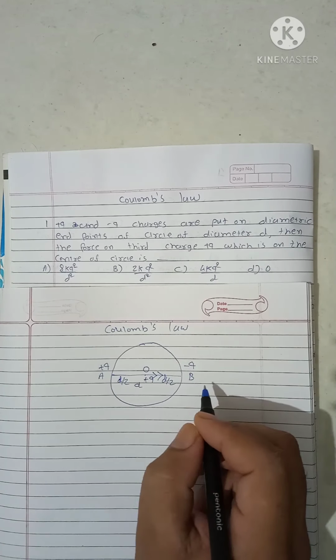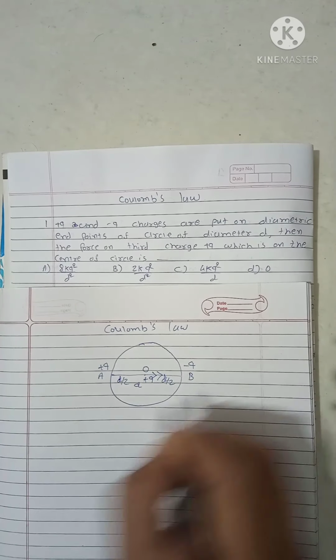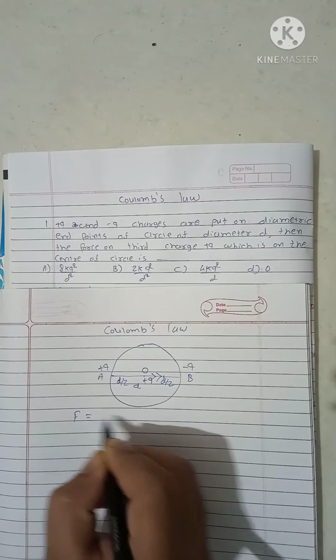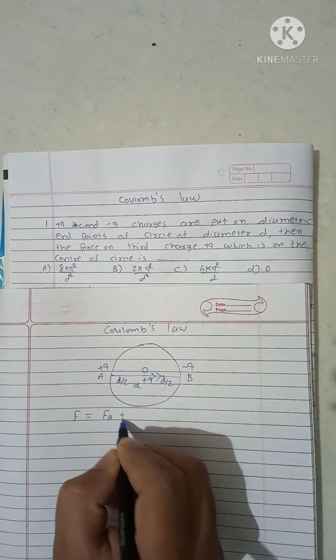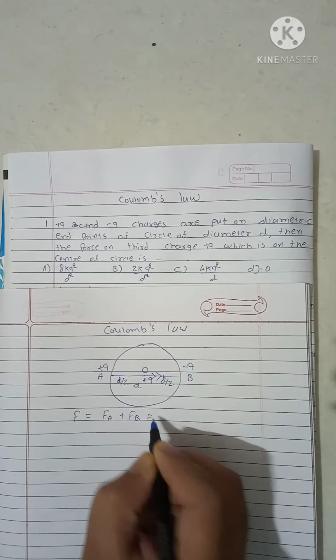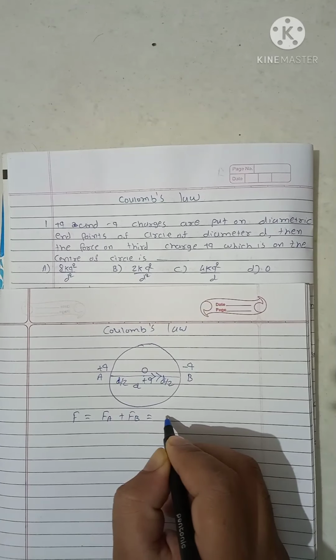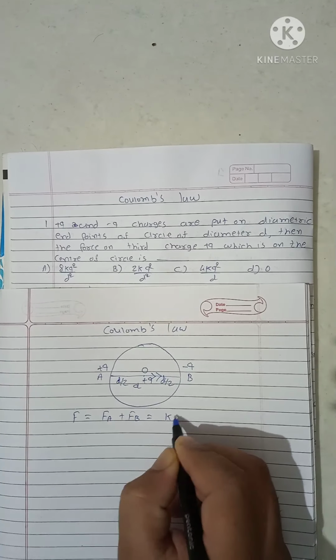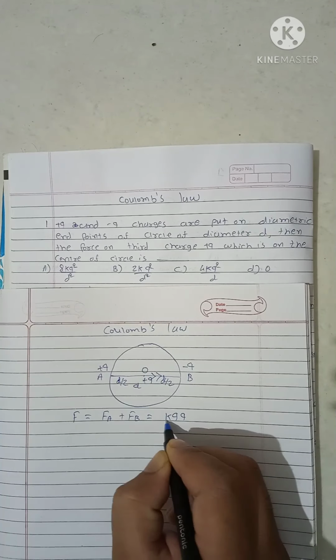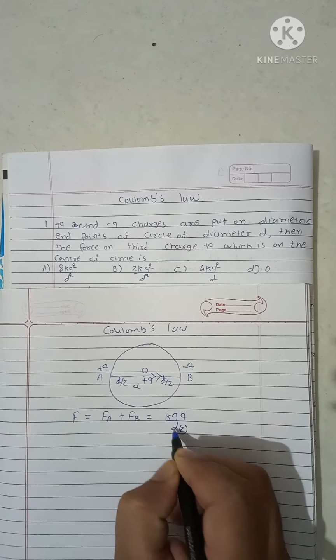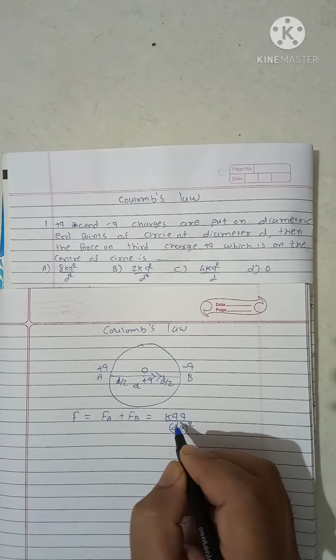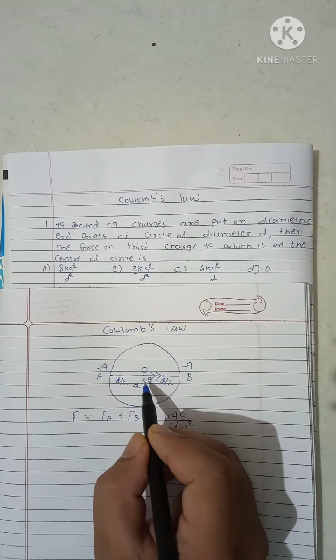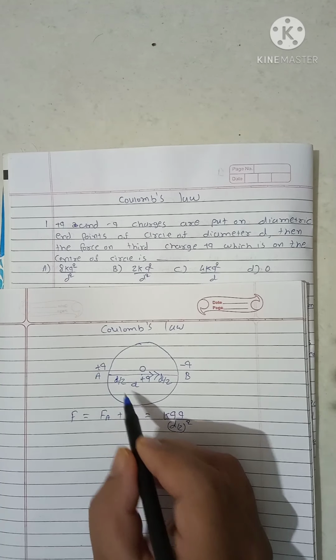So the resultant force is F equal to Fa plus Fb. Fa will be k q q divided by (d by 2) whole square, because the distance between the two plus q charges is d by 2.